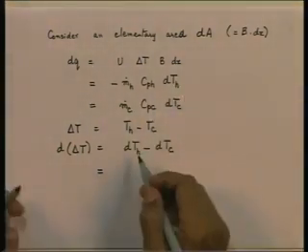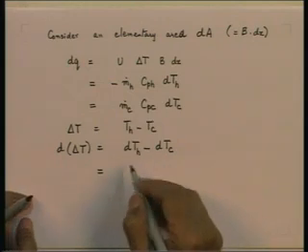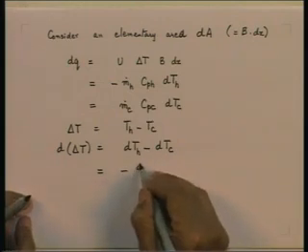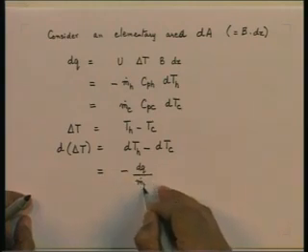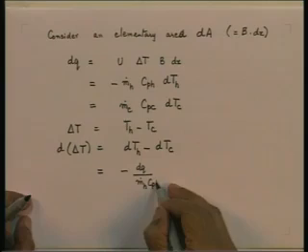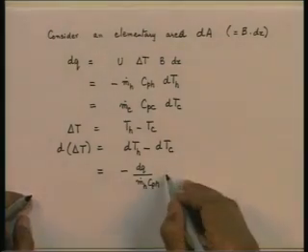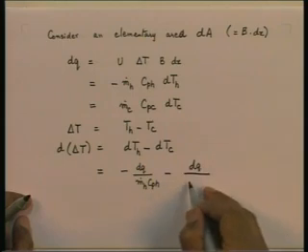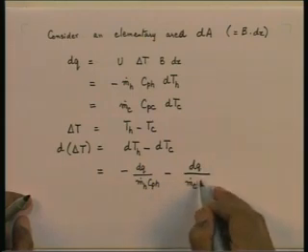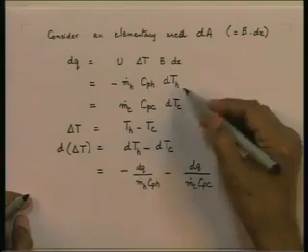So, instead of dTh, I can write minus dq upon m dot h Cph, and instead of dTc, I will get minus dq upon m dot c Cpc, using these two expressions.